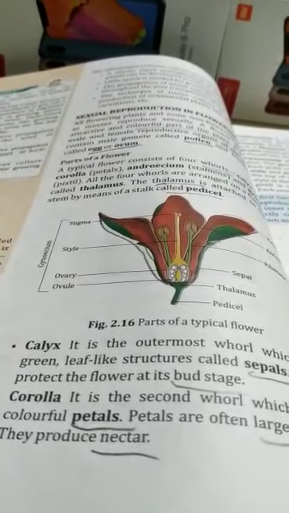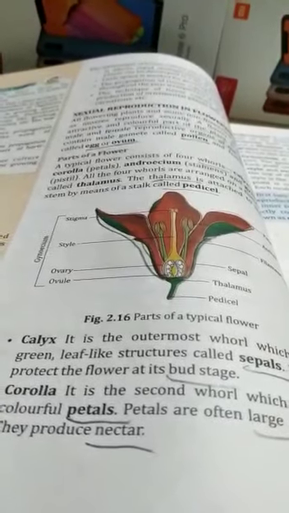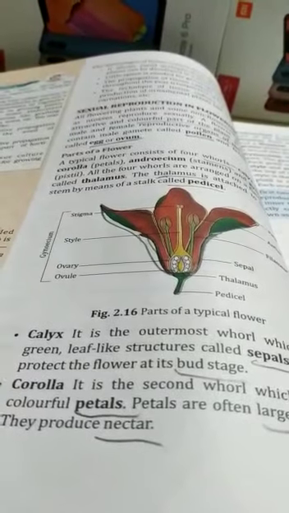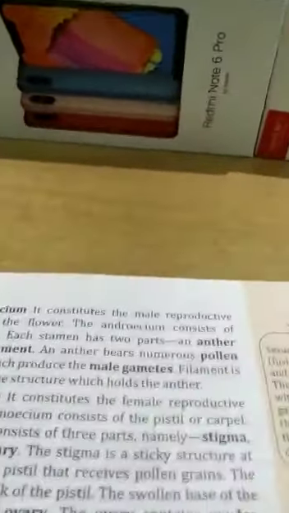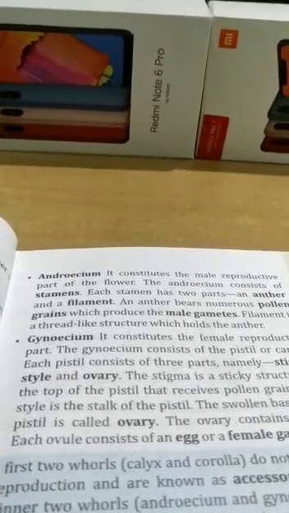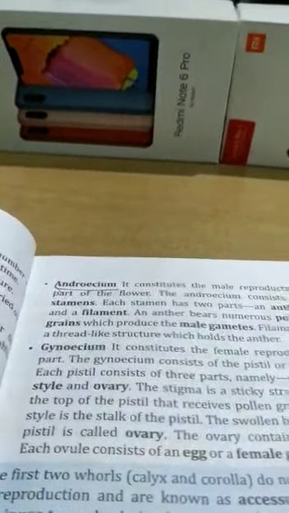Sepals are always green, and petals or corolla are always colorful. Remember that.